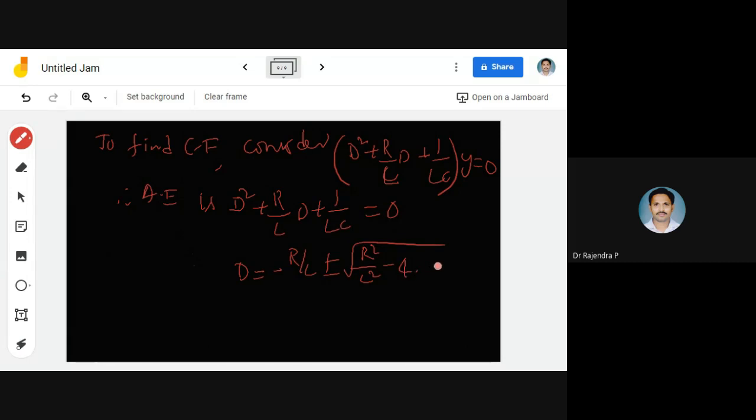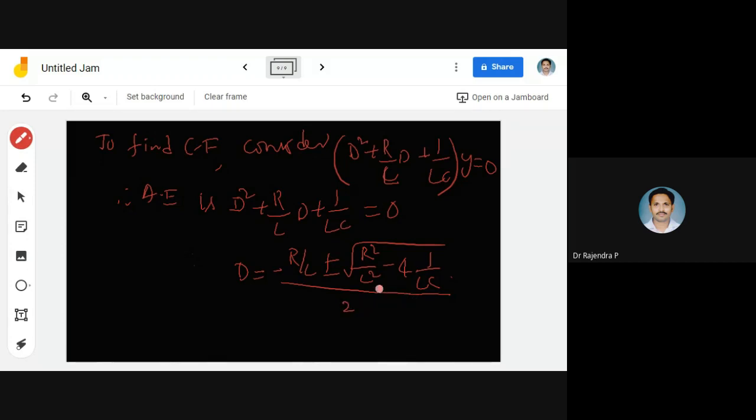A value is 1 into C value 1 by LC. Is it correct? B square minus 4AC, so this is simply 4 into A value by LC, divided by 2A. A value is 1.